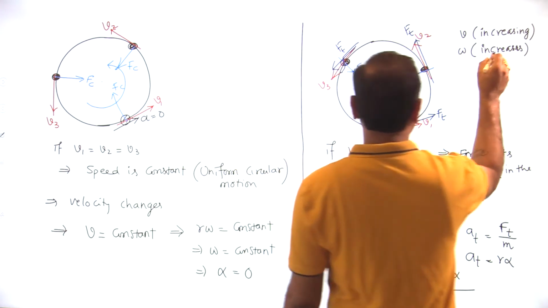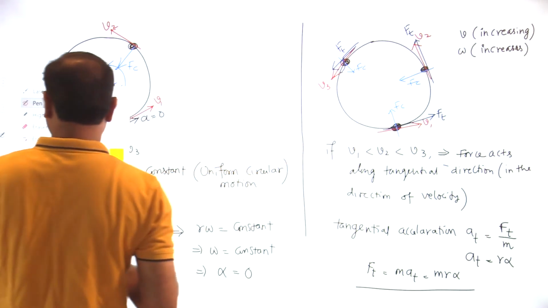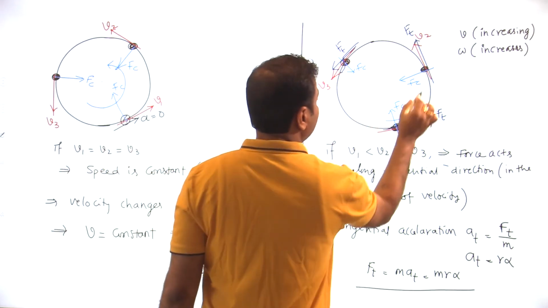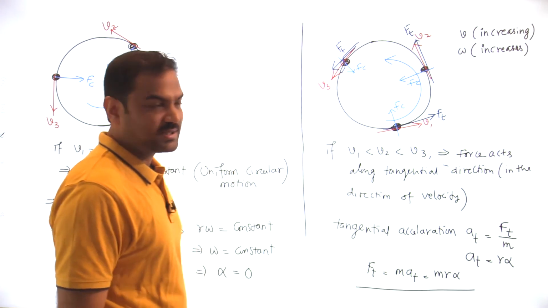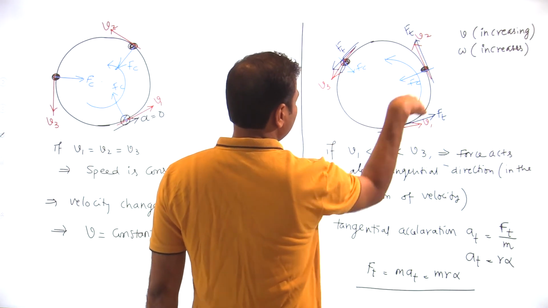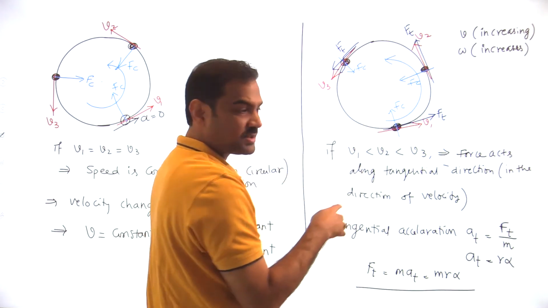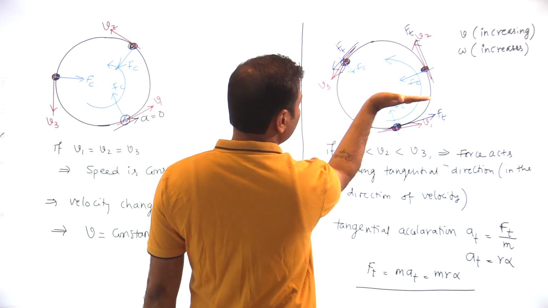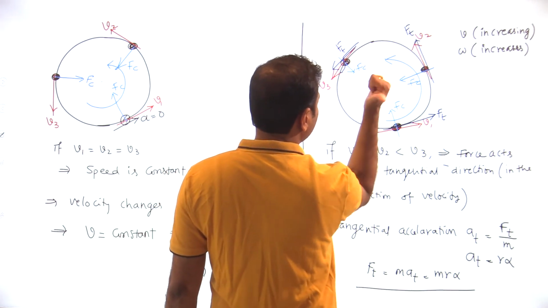As omega is increasing, what is the direction of omega? Now it is rotating in the anti-clockwise sense. Curl your fingers along the sense of rotation. The disk, or let us say the particle, is rotating in this way on the board, anti-clockwise. If you curl your fingers along the sense of rotation, the thumb will give the direction of omega.